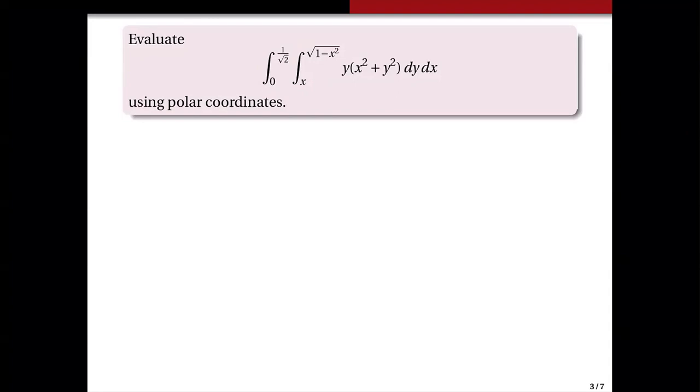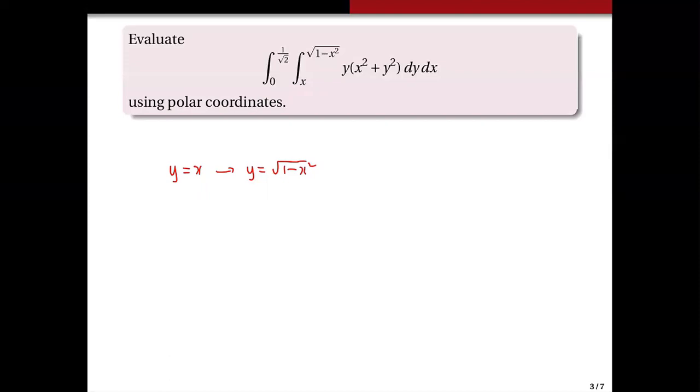So for instance, in here, the inner integral is from x until square root of 1 minus x squared. So it's from y equals x until y equals square root of 1 minus x squared. So this guy here is just the line y equals x, while this guy here gives you part of a unit circle of radius 1.